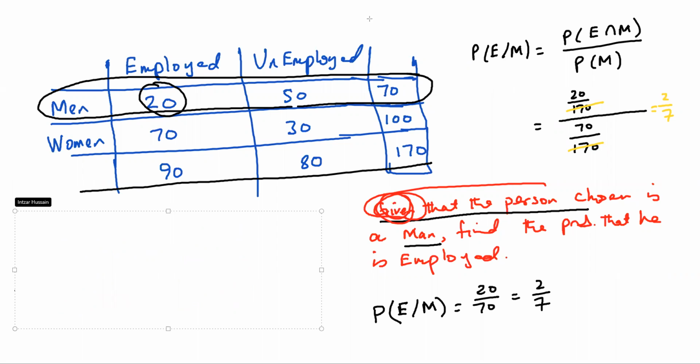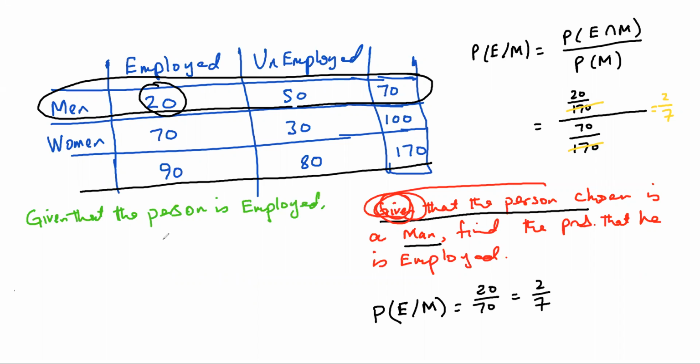Now the question is, given that the person is employed, find the probability that the person chosen is a woman.